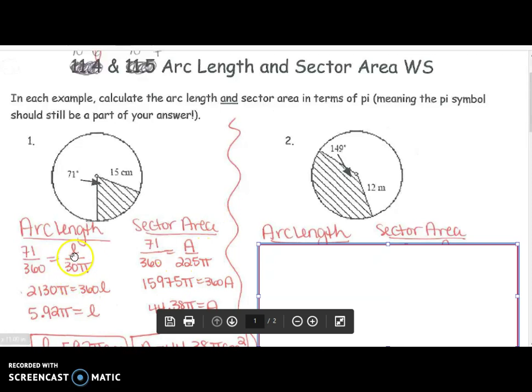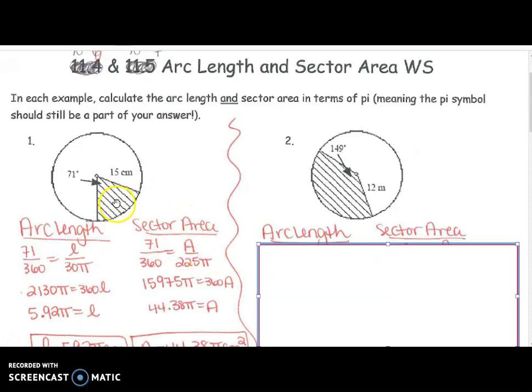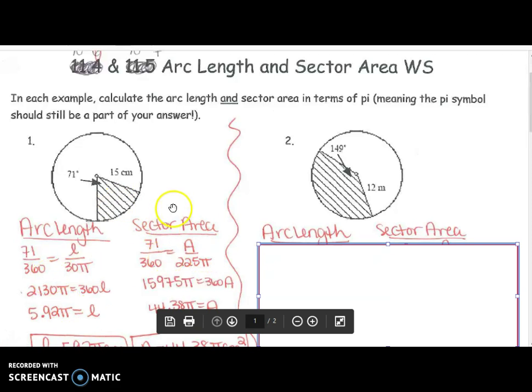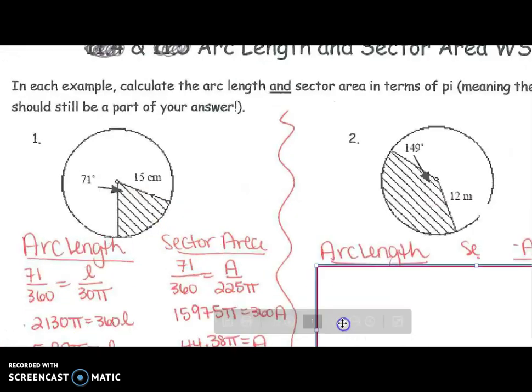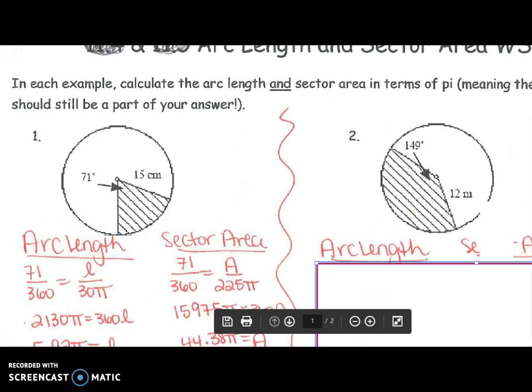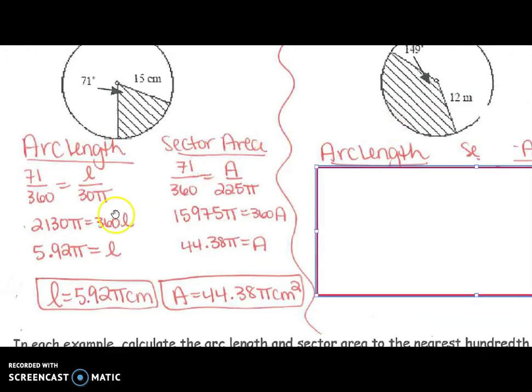Now we're going to solve for L, for this arc length. We're going to find this arc length. And then we're going to solve for A, which is the area of this sector. So what we're going to do is solve it by cross multiplying. So 71 times 30 is 2130 pi, because pi is still there. 360L.